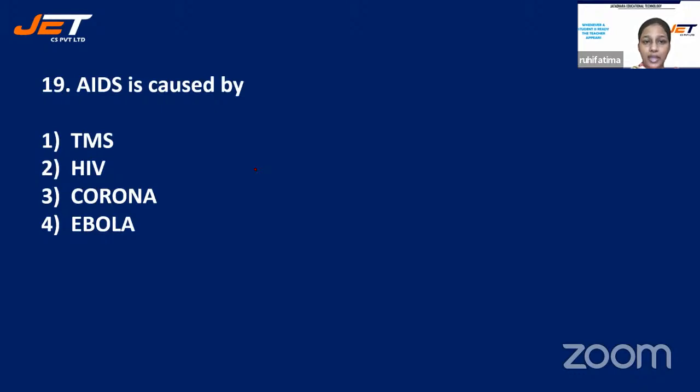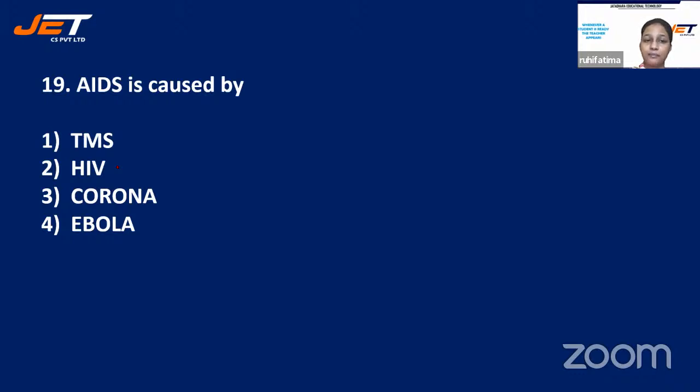AIDS is caused by dash. Is it TMV, or is it HIV? Is it Corona, or is it Ebola? Come on, students, I'll give only 10 seconds for this question because we also did this, and this is very easy as well.